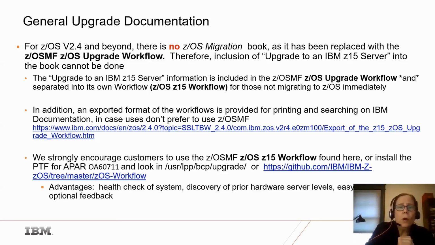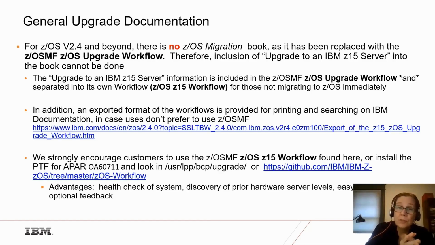Now, we also have an enhancement that we have provided, the z15 upgrade workflow in a PDF so that you can find it on your own z/OS system when you have installed the PTF. And the PTF is for APAR OA60701.